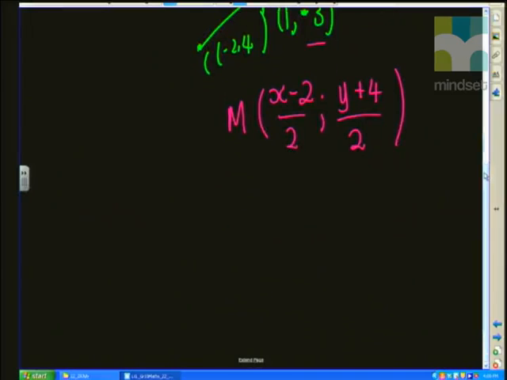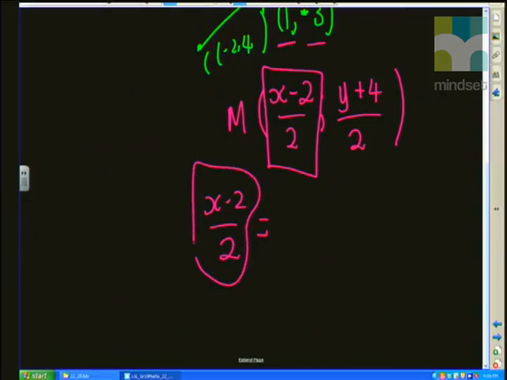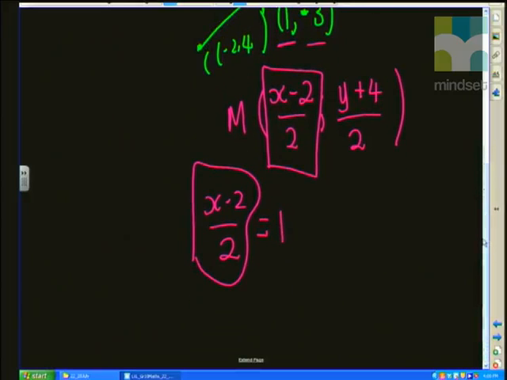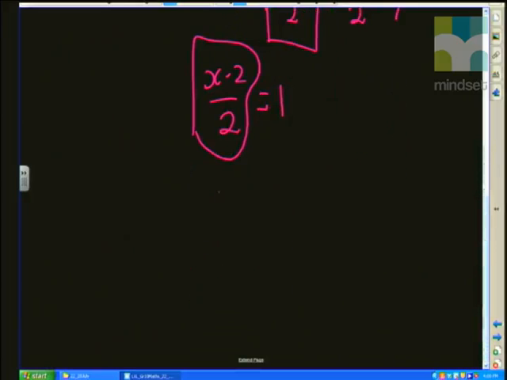Now we need to create an equation with this, because the x-coordinate can be written as x minus 2 all over 2. The x-coordinate of the midpoint was given as 1, so we know that this value will eventually give us an answer of 1.